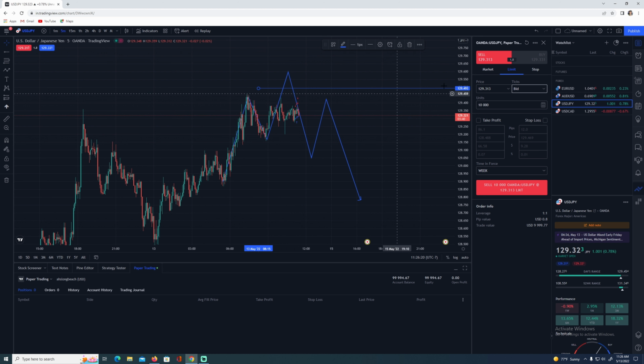Now it works the same for a buy. Let's say price is up here, but we think this trend is going to continue.